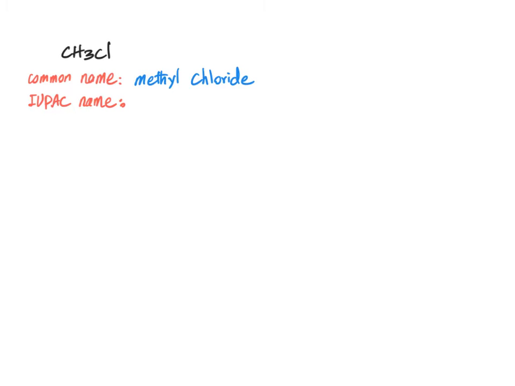For simple alkyl halides, we can use common names. So the alkyl comes first, and the name of the halogen as halide comes second. For example, the common name for this molecule is methyl chloride, and the systematic IUPAC name is chloromethane.